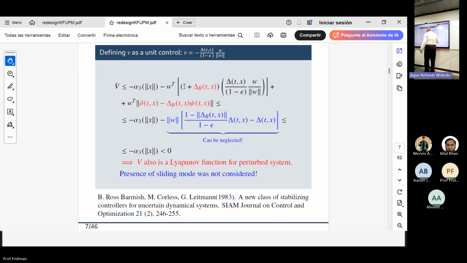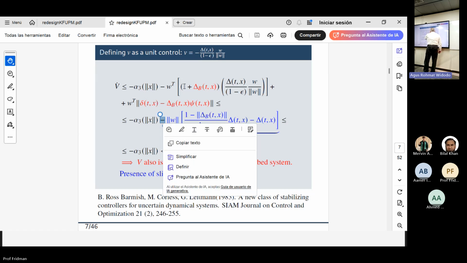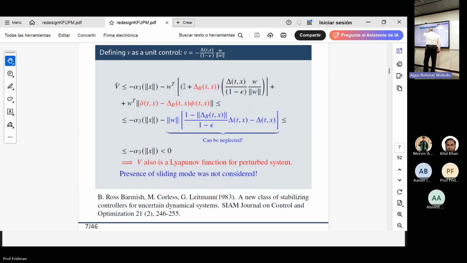This bracket should have a negative sign. How is it possible? Because you see, this bracket should be positive because we have minus here. And this means that we can factorize by norm of W, and such a bracket should be negative, and that's the condition for a design, as they told.